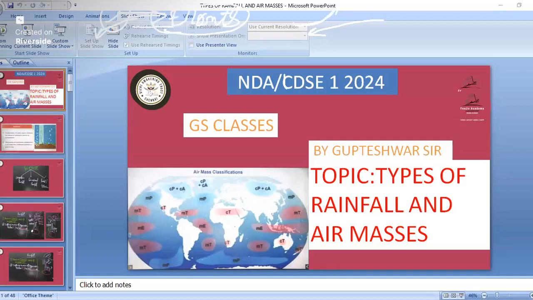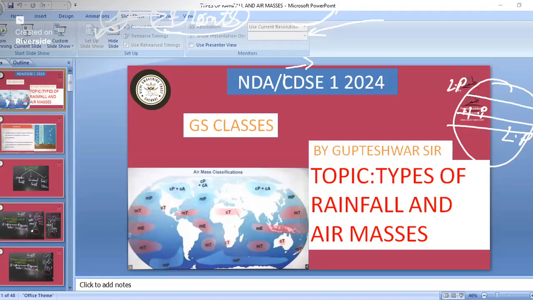So fronts are typical features of mid-latitude weather. On the Earth's surface, this is the equator, here we have low pressure, then here high pressure, then again low pressure, and again high pressure. From this side we have warm wind blowing, and from this side cold wind blowing.